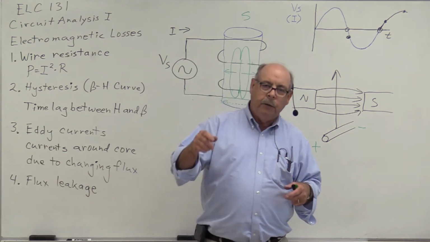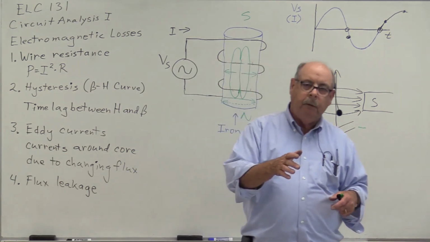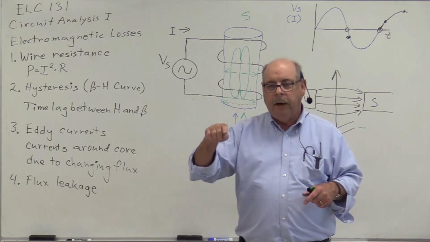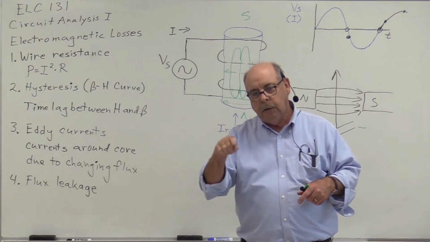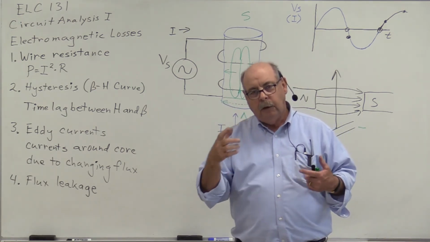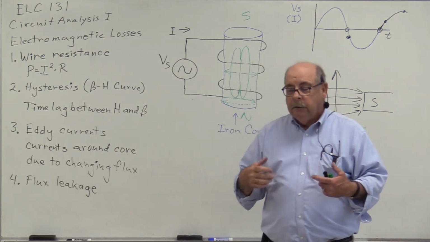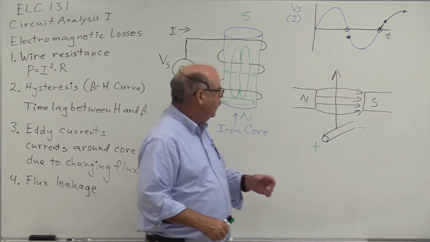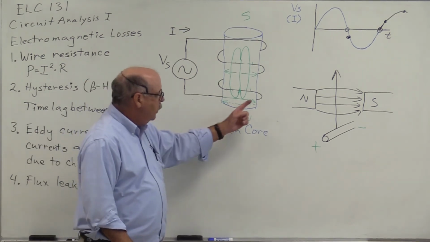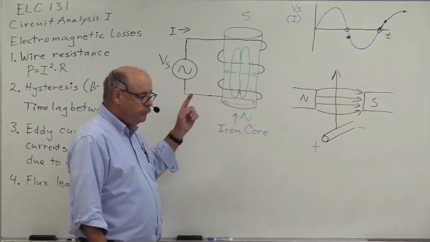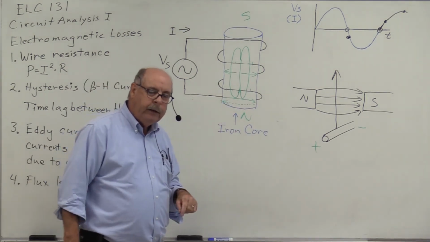Eddy is like when water flows through a stream or a brook, and it goes around a branch and causes the water to go in a little circle. That's called an eddy current, or an eddy. So since these currents are going circular around this core material, they call them eddy currents.